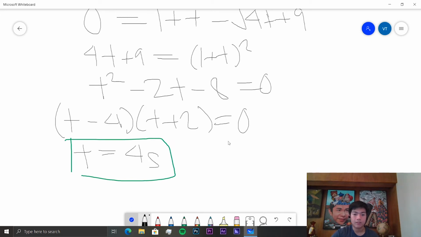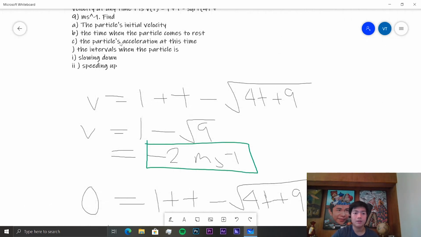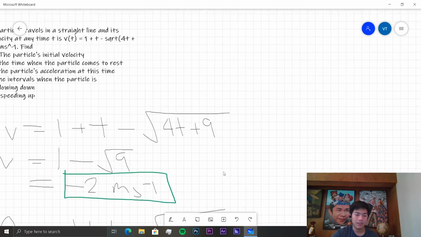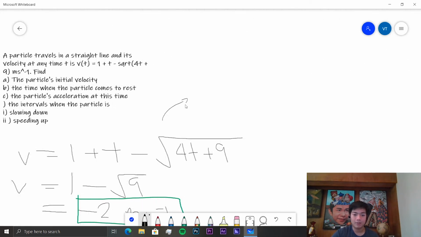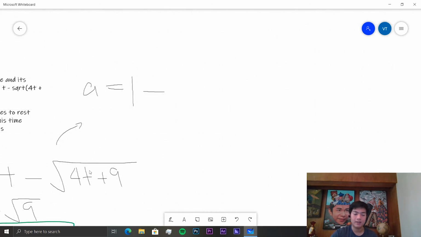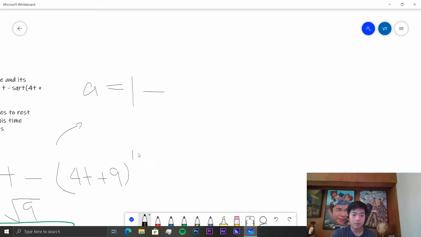So we need to find the particle's acceleration at this time, which we can get from the acceleration function. Acceleration will be equal to the derivative of this. Remember, we can express this as (4t plus 9) to the power of 1/2.